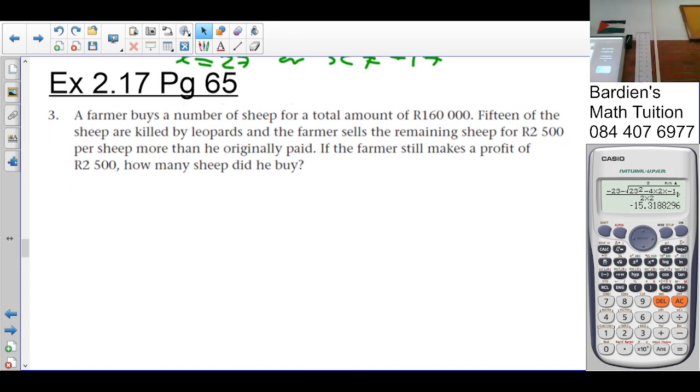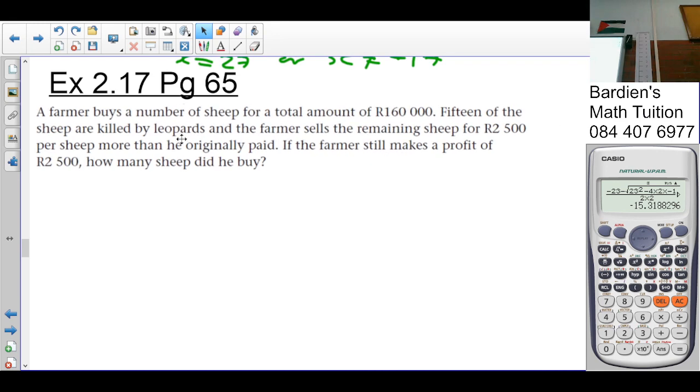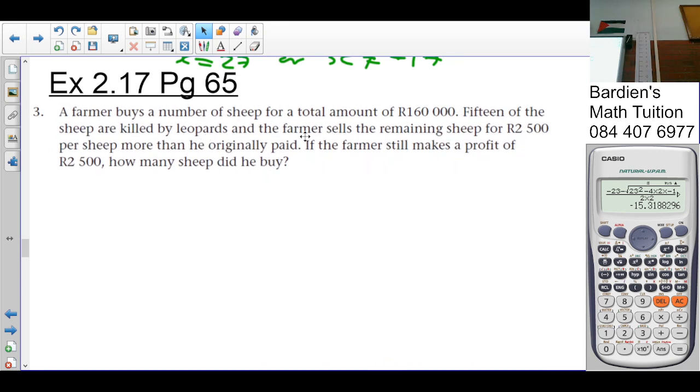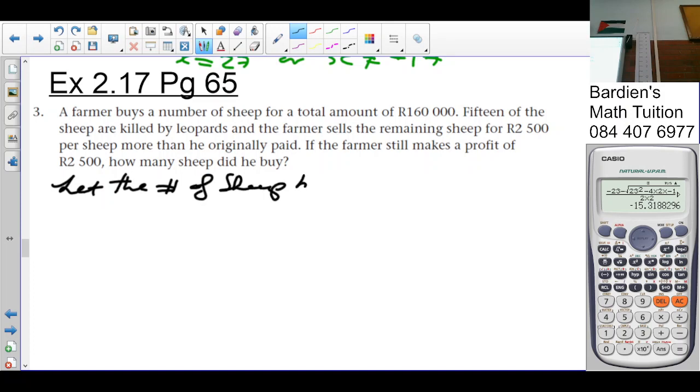Number 3, we are told a farmer buys a number of sheep for a total of 160,000 rand. He buys a number of sheep. So what do we say? Let the number of sheep be x.